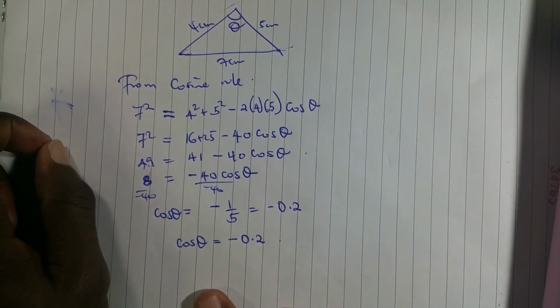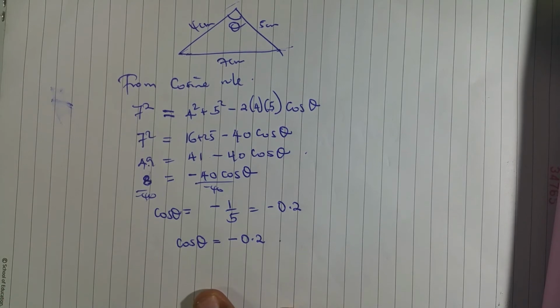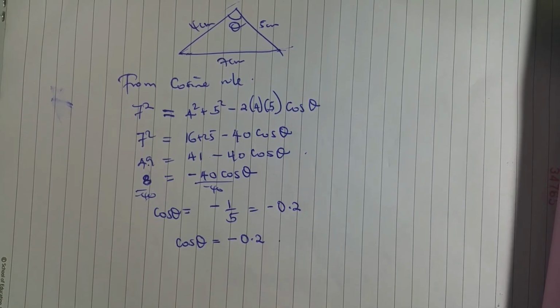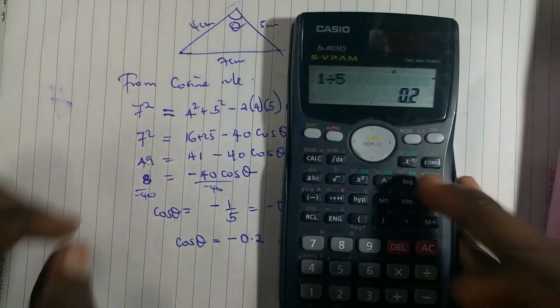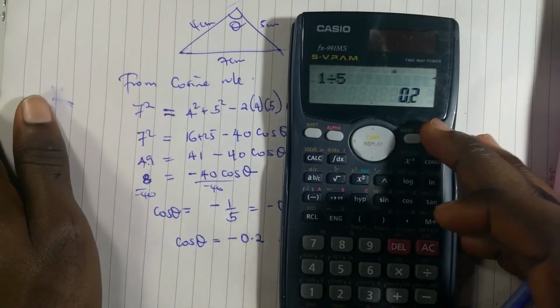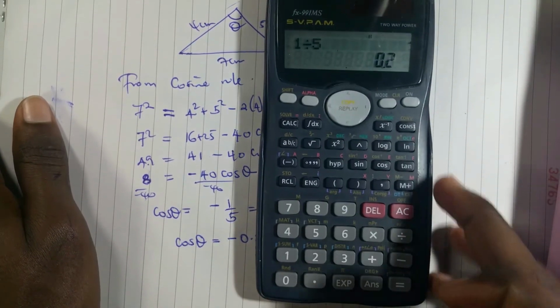Another way, we can also use a mathematical table of cosines to help us get that. But for now, let's use the calculator. Mathematical tables waste our time for now, but still, it's also easy to use the mathematical table.